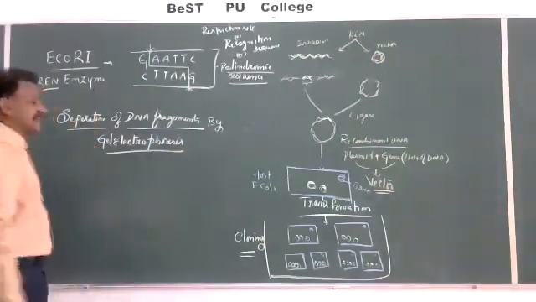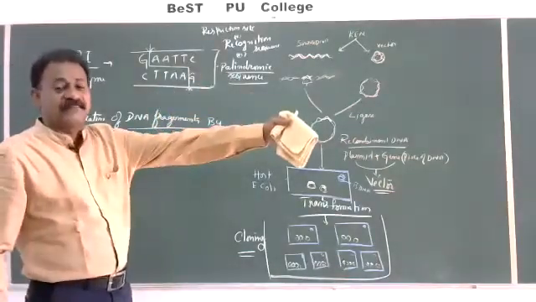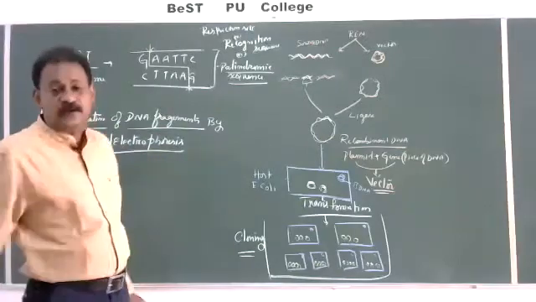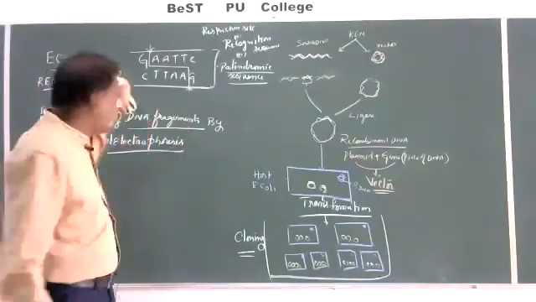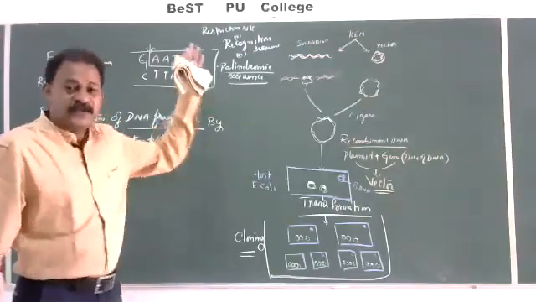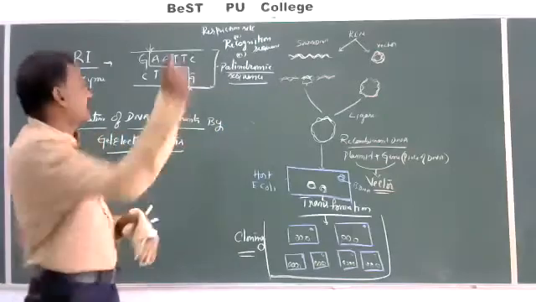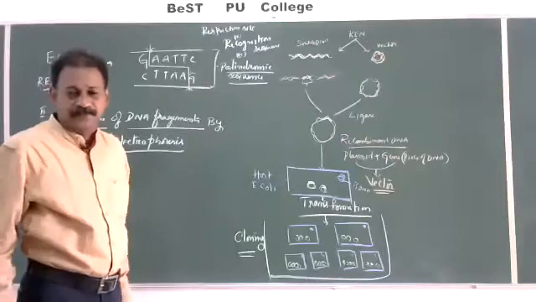Separation of DNA fragments. So we have taken a DNA from various sources, various DNA molecules, for example, and we applied this Escherichia coli R1 restriction endonuclease enzyme. So in these various DNAs, wherever these sequences are there, it is identified and made into pieces.